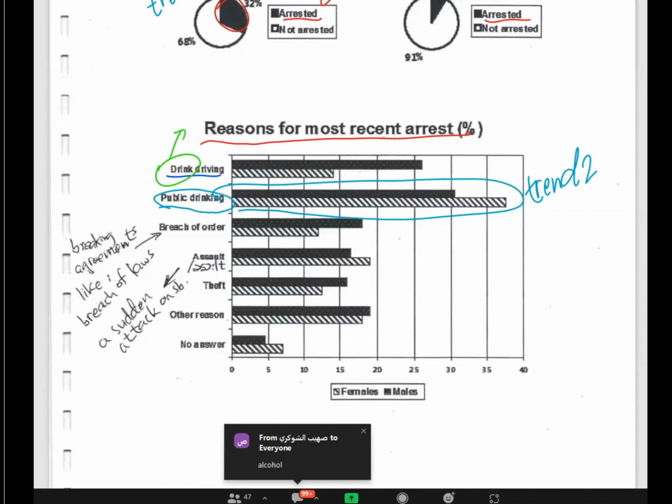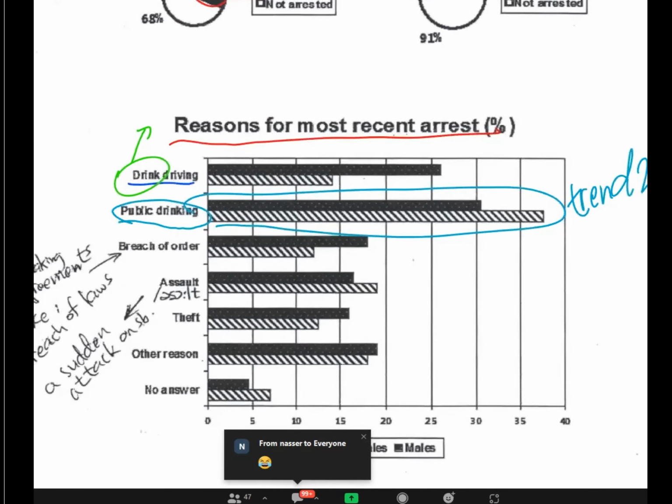Drinking alcohol, like beer, champagne, wine, whiskey. This is the meaning of drink in English. So be careful. When you travel abroad, if somebody would say, can I offer you a drink? You have to refuse. Don't think it's water or a soft drink or a juice. No. It's an alcoholic drink. Okay?